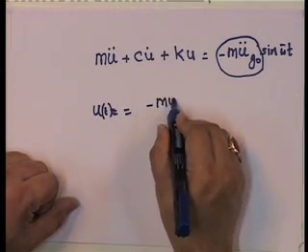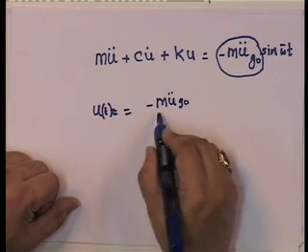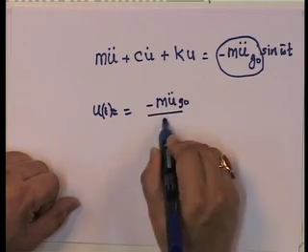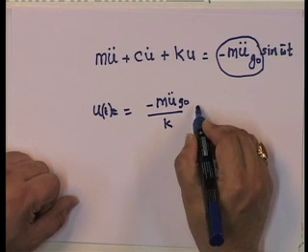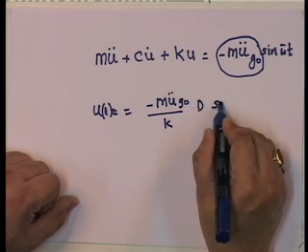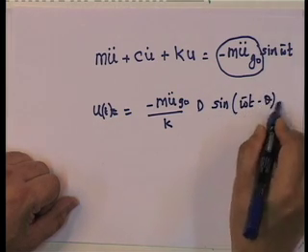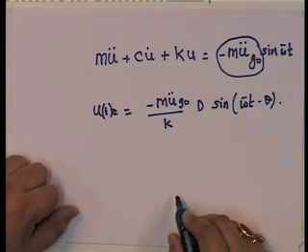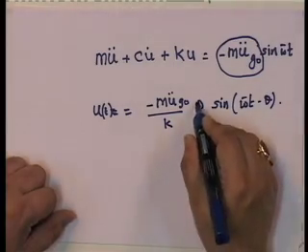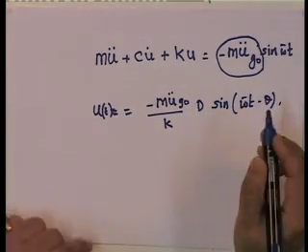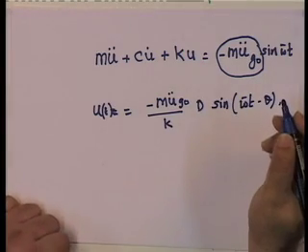So what is the response then? Well, it is f0 upon k into d into sine omega bar t minus theta. Okay, where we know what theta is, we know what d is. I don't want to belabor the point. Okay, so this is u of t.